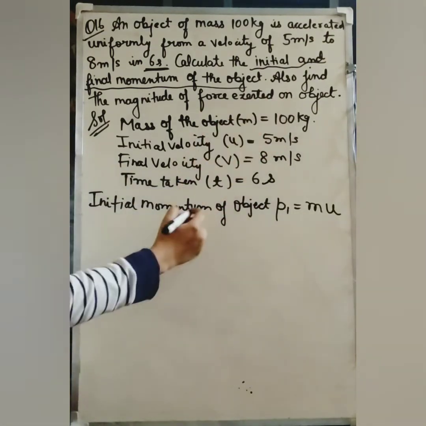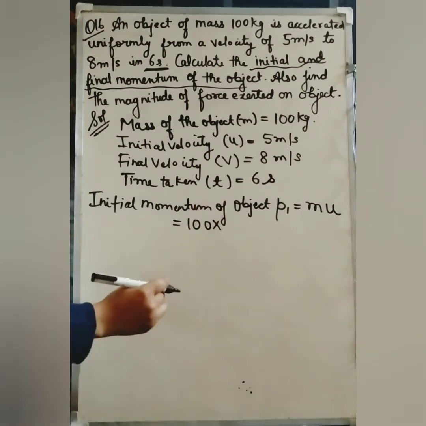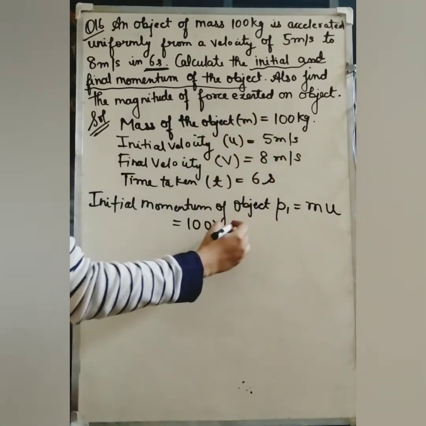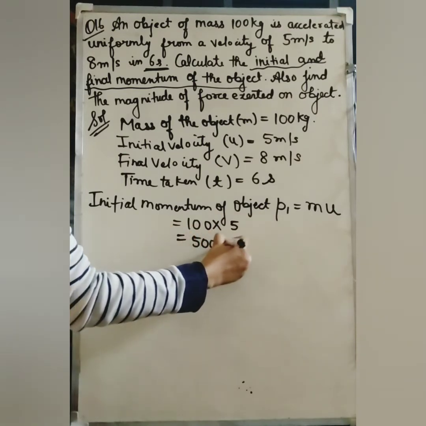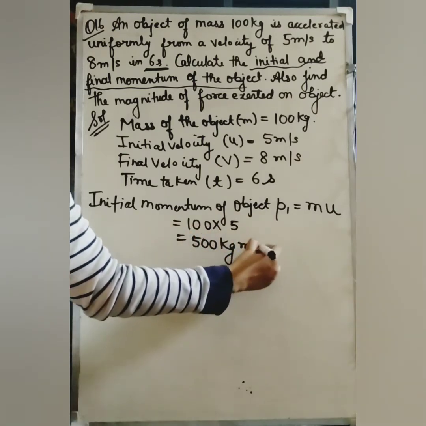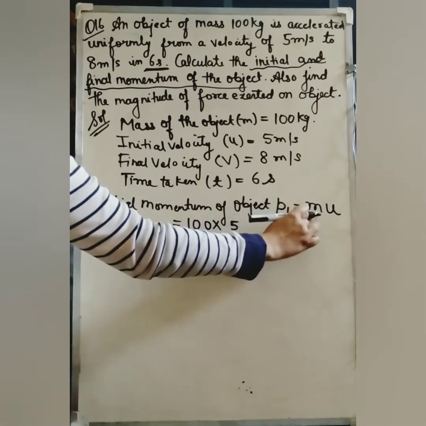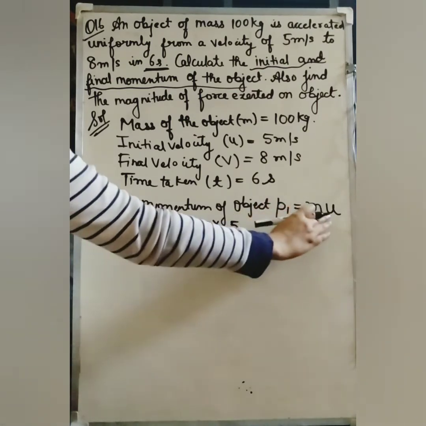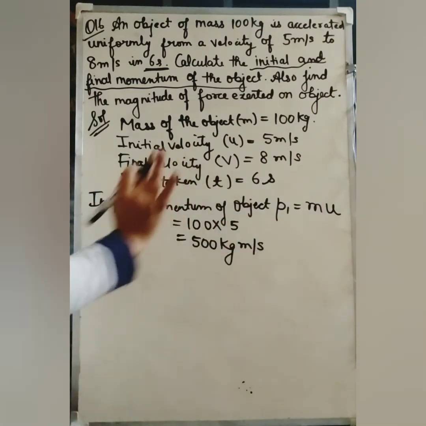So what is mass? Mass is 100 kg and initial velocity is 5 meter per second. So it will be 500 kg meter per second. Why is it kg meter per second? Because the SI unit of mass is kg and the SI unit of velocity is meter per second.